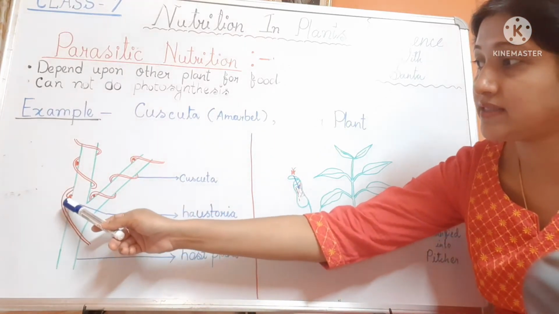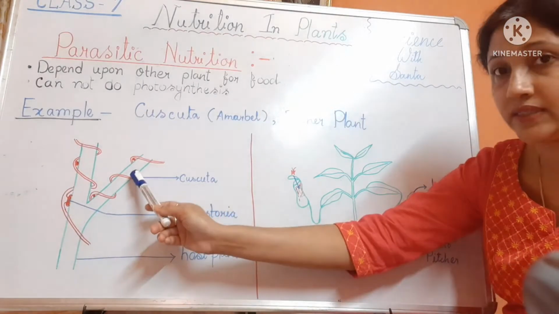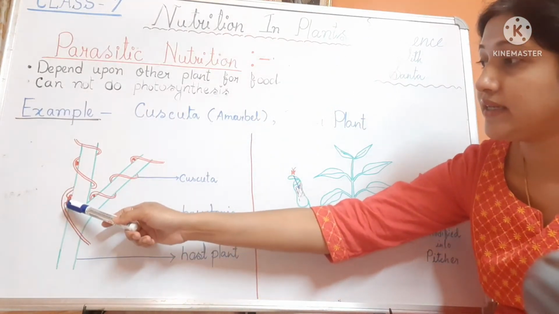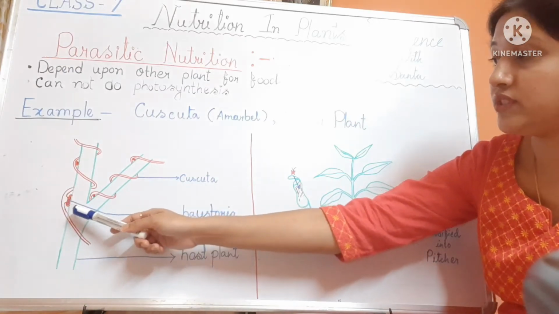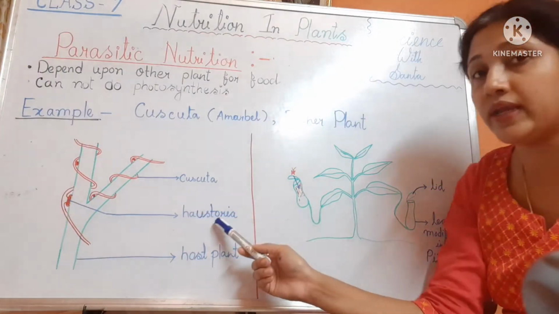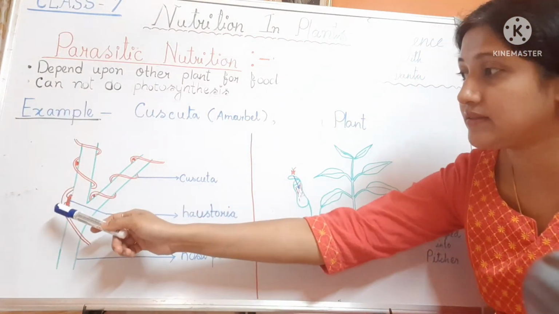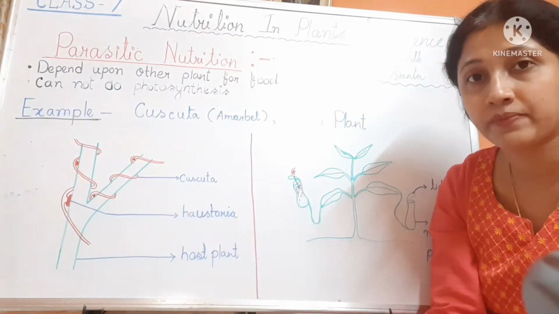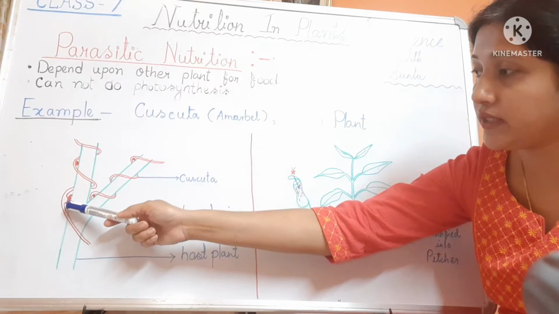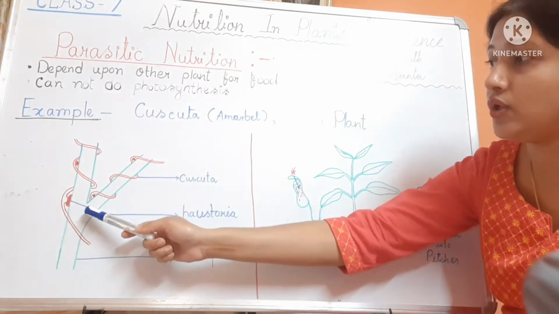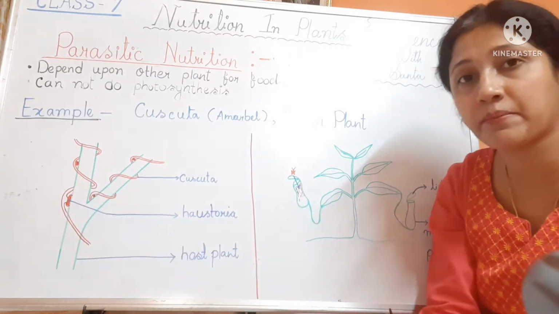Like this, the Cuscuta climbs up the tree or the plant and releases a structure called haustoria. This haustoria is like the Cuscuta's foot. With this haustoria, it draws all the nutrition from the host plant.